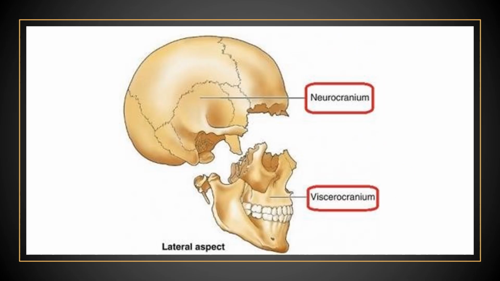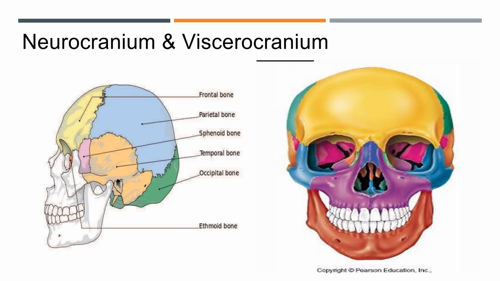Here, these are the bones that form the neurocranium, and here, these are the bones that form the viscerocranium. Okay, the neurocranium, which is here, or the cranial vault, serves to encase and protect the brain. It consists of 8 bones.